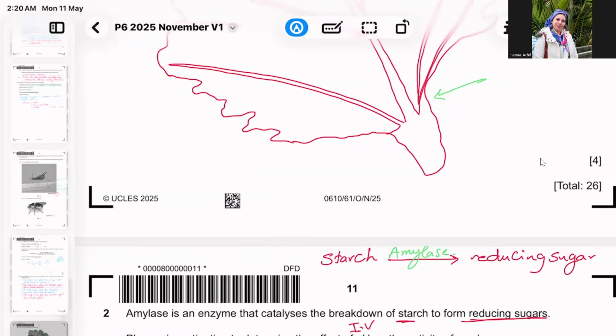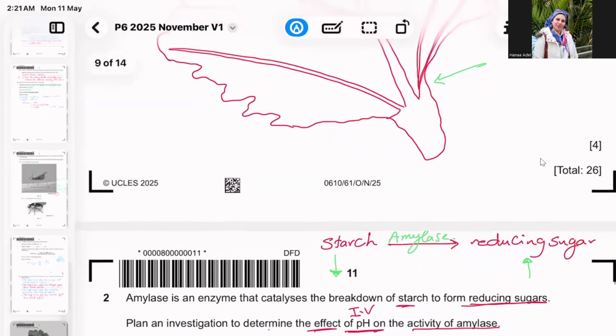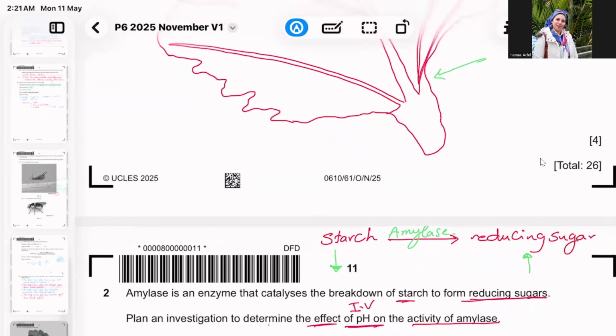In front of us are two ways to get the dependent variable. Maybe the disappearance of starch by using iodine solution, or the appearance of reducing sugar by using Benedict solution. So in this kind of investigation, we have two ways to measure the activity of enzyme.